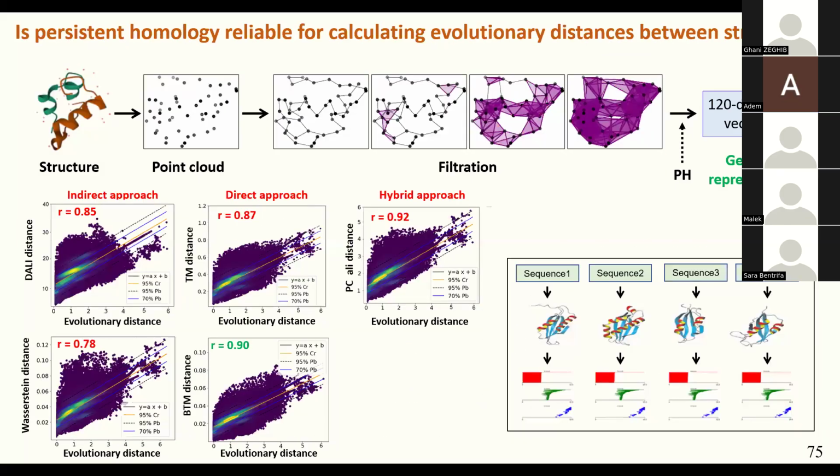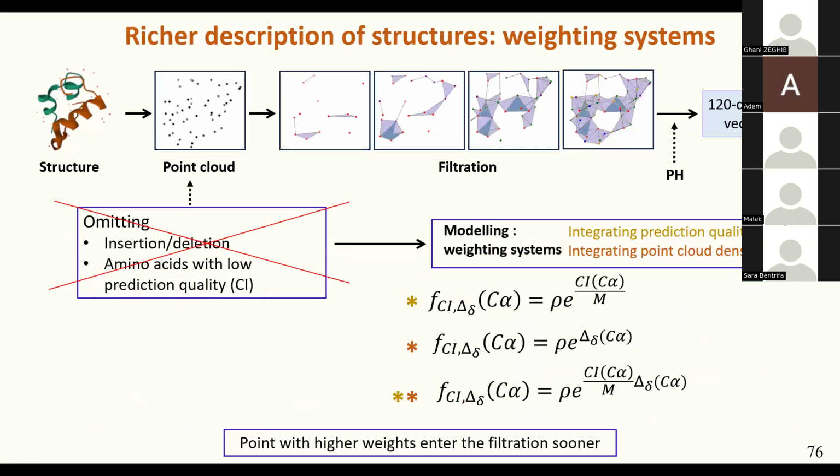And as I said, I wanted to go further into the method on filtration. So in all the other work, I considered the point cloud as just a point cloud, only considering the coordinates of each point. And in order to have a better representation of the protein, I wanted to integrate biological information in the point cloud, such as the quality of prediction of the structure.